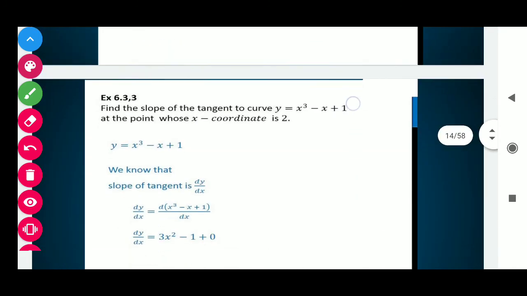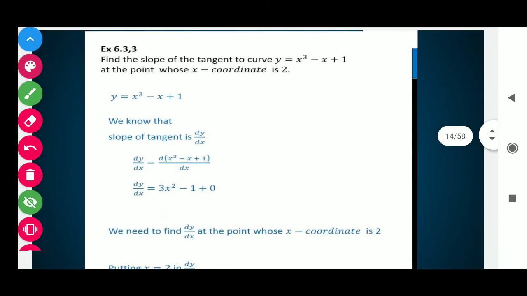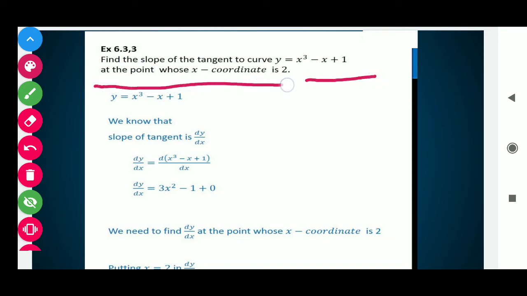Now students, here we have question number 3. Find the slope of the tangent to the curve y is equal to x cube minus x plus 1 at the point whose x coordinate is 2. So students, this is a similar question. First, here we have the curve x cube minus x plus 1. We know that the slope of the tangent is dy over dx, so find the derivative.